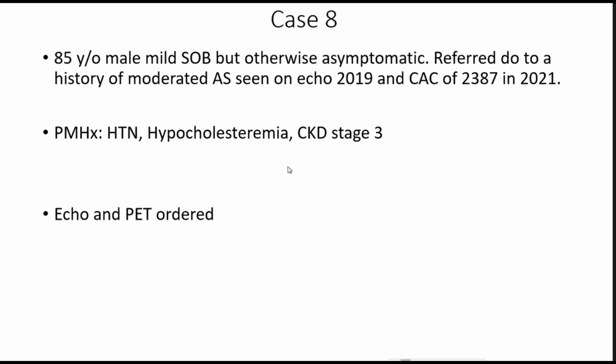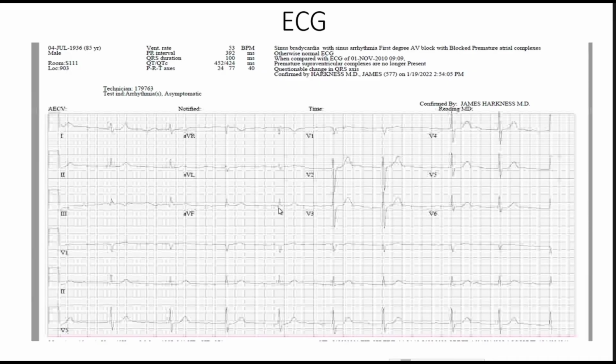His only risk factors are hypercholesterolemia and hypertension. He does have renal failure, so he was sent by his PCP for further evaluation with an echo and then a PET to try to assess whether or not this calcium is significant for obstructive coronary disease.